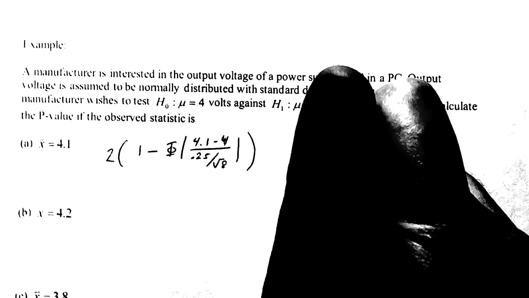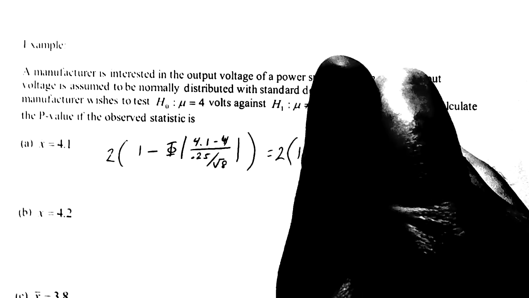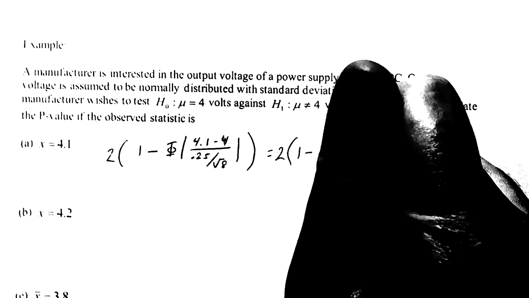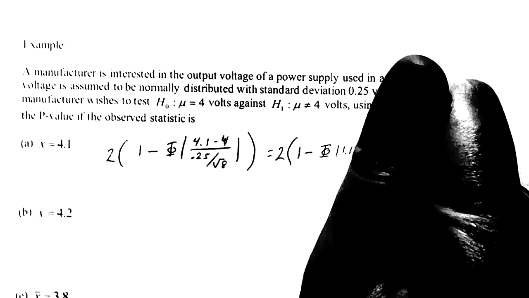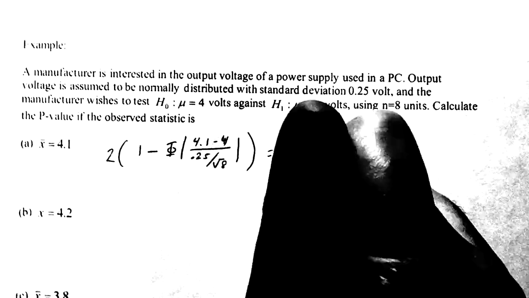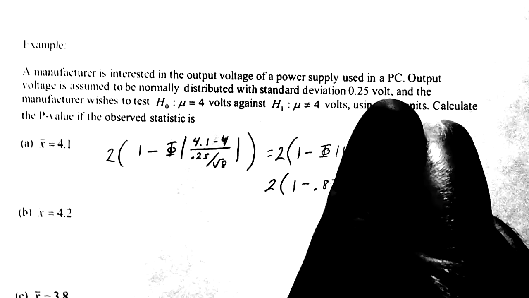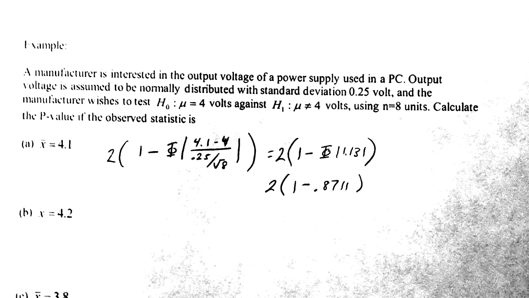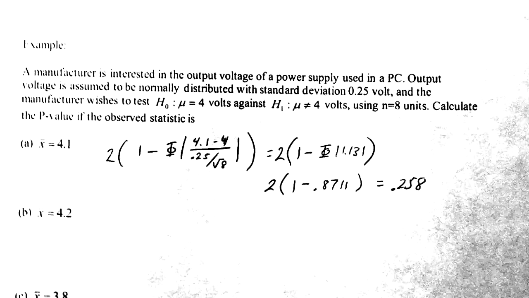And so that's 2 times 1 minus the z-statistic for the value of 1.13. And that means you have 2 times 1 minus 0.8711 based on the table. And that is actually equal to 0.258.